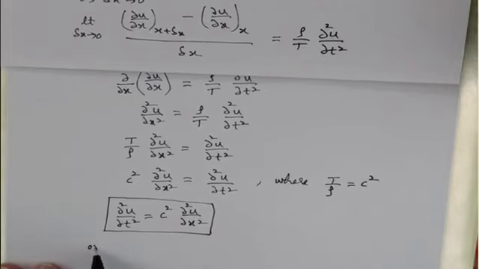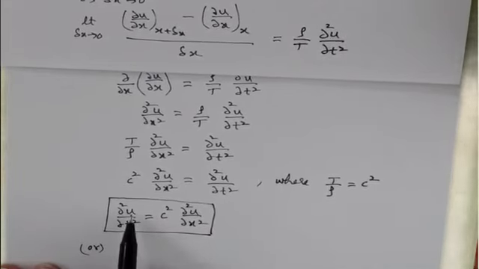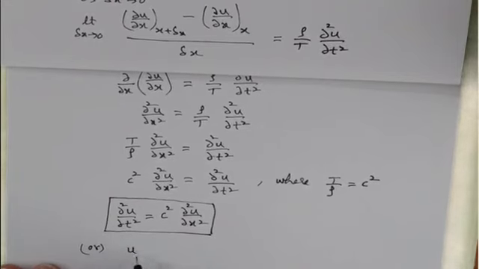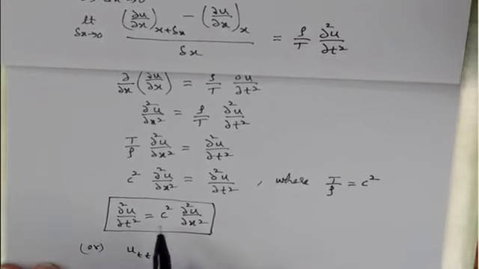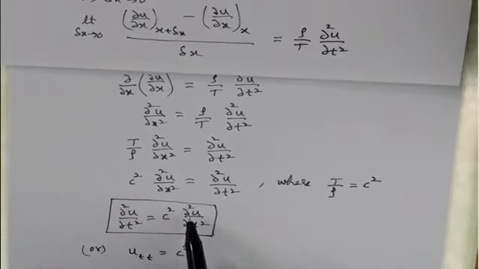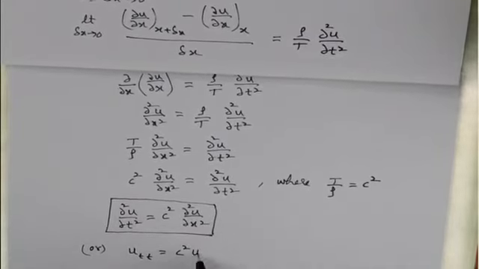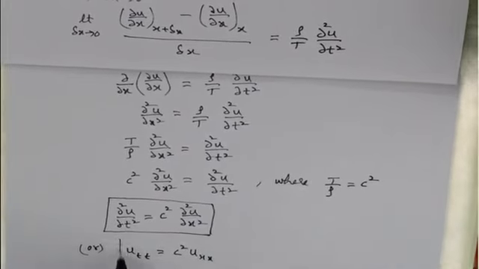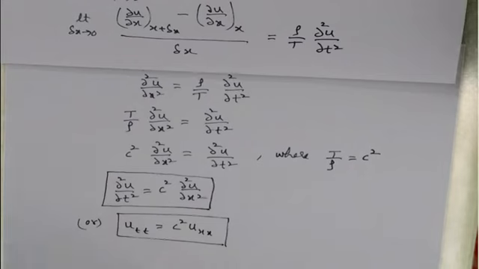You can also write this as utt is equal to c square times uxx, since u is differentiated with respect to t twice and with respect to x twice.